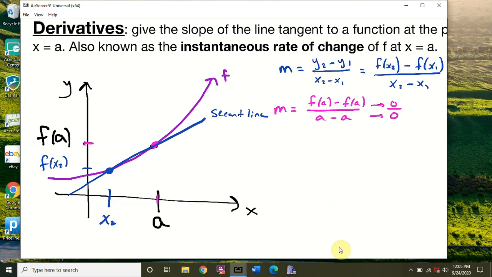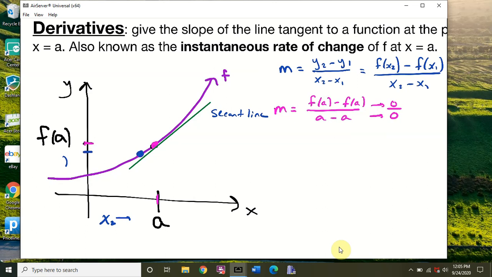Now, as you look at the slope of the secant line and compare that to the slope of the tangent line, they're not exactly the same. So to get a better slope, let's move this x2 value a little closer to a and see what happens. I'm going to bring this one a little bit closer to a. Maybe I get it right here.